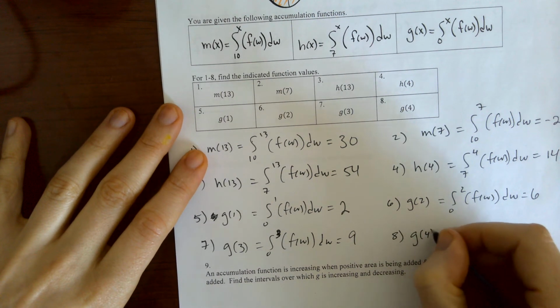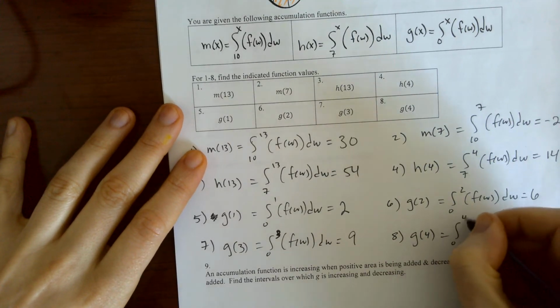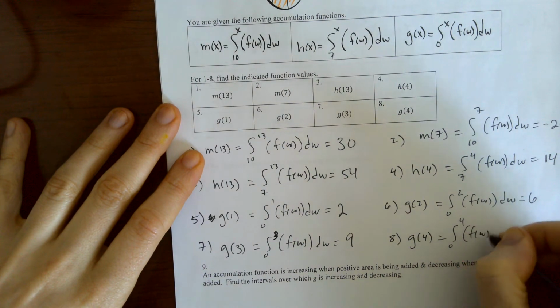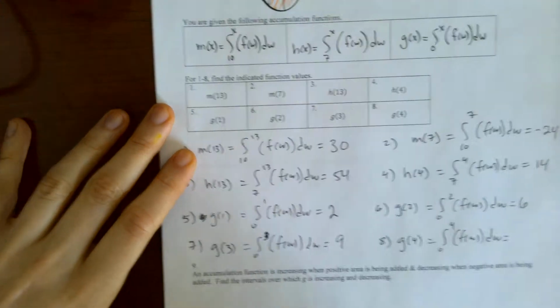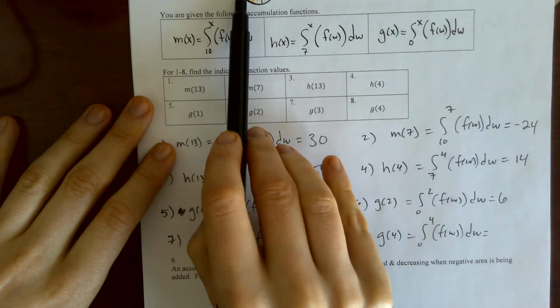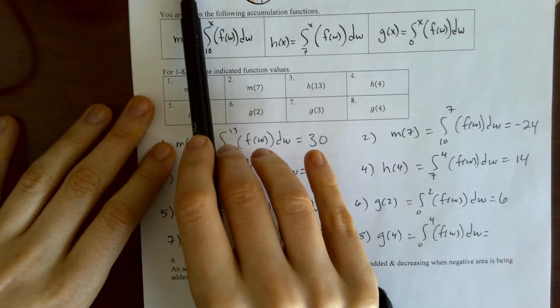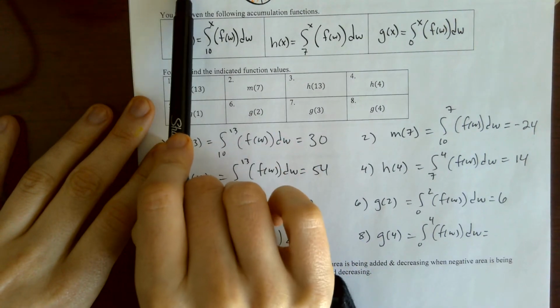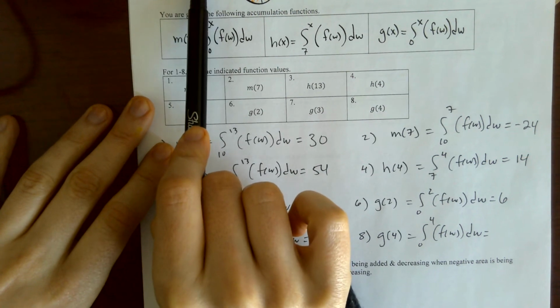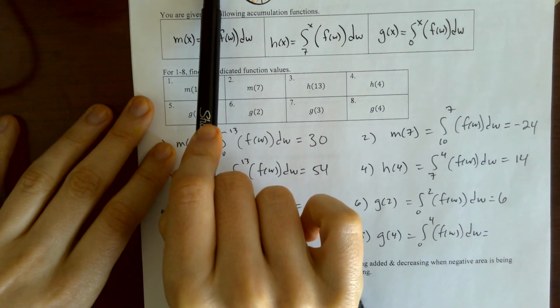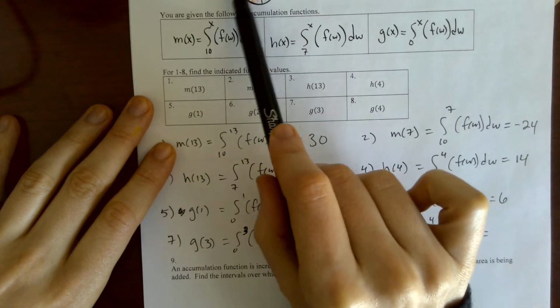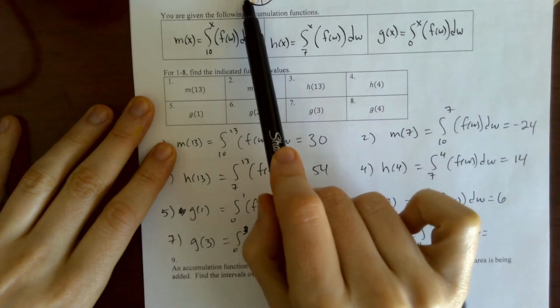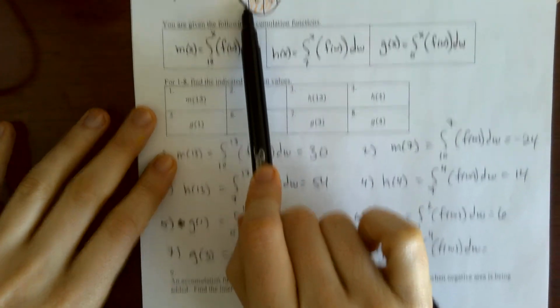G of 4. The integral from 0 to 4. Okay, so 0 to 4. So I've got positive 2 plus positive 4 plus positive 3 plus this area here, which is below the x-axis. Oh, you can't even see.